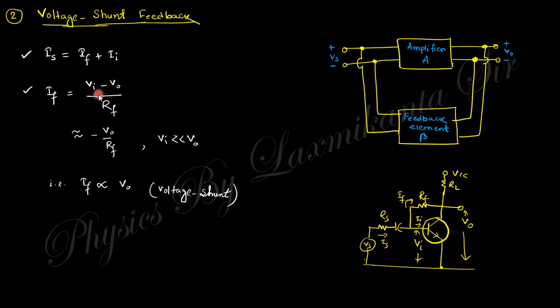And If equals Vi minus Vo by Rf, that is this portion by Rf. Vi is very small, so this is the reverse one. So If is proportional to the output voltage. The feedback current is proportional to the voltage, which is why this is called voltage shunt. The current depends upon the output voltage, because this is voltage shunt.